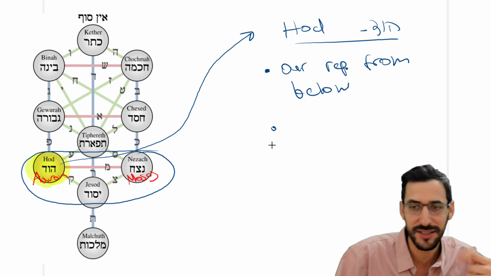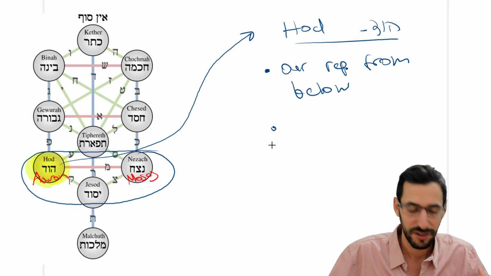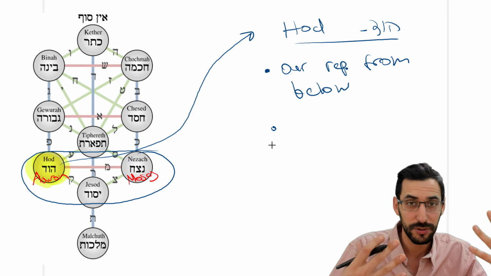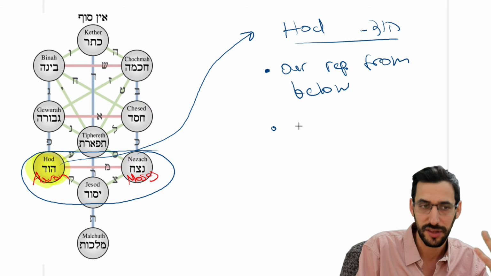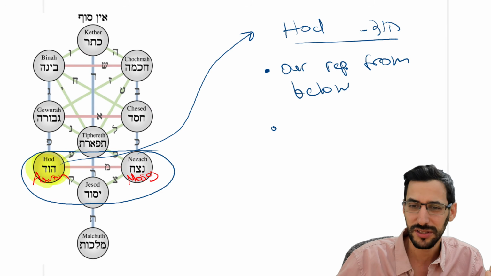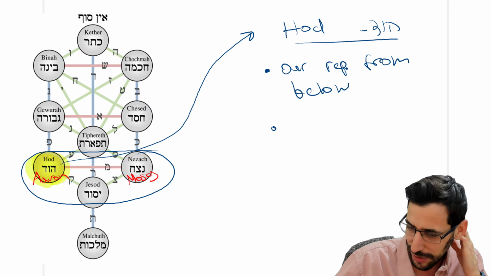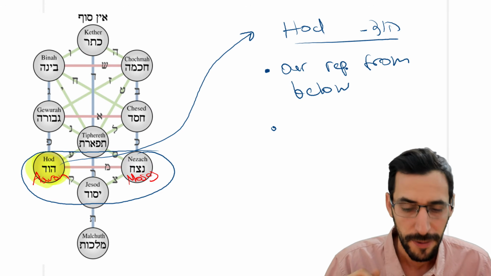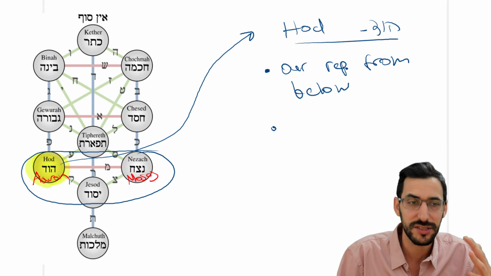Now, that means that it's much more practical for our work because it connects us from bottom up, from our independent desire to connect to the upper one. And that's why this quality of Hod, even though it's kind of concealed, and that's why also Aaron is like a sidekick. He's not really talked about too much. He's not like the hero of the story. He's a side character, but in fact, he's much more than what it seems.